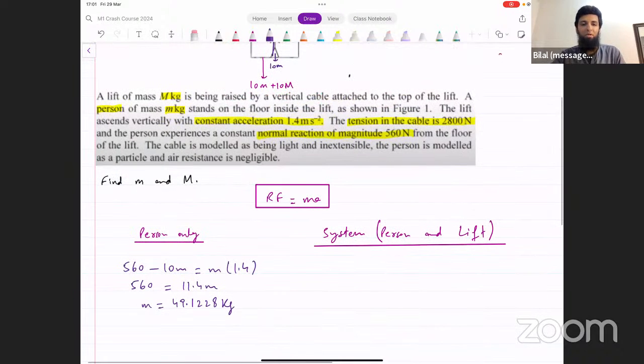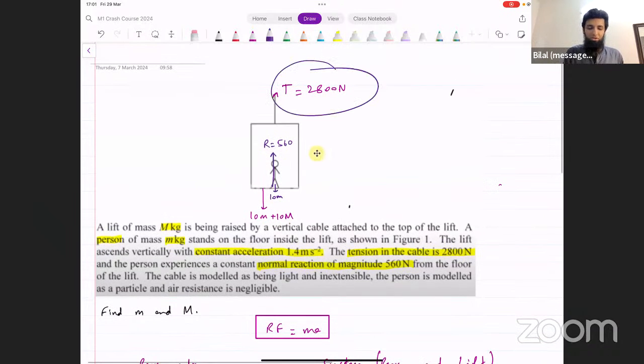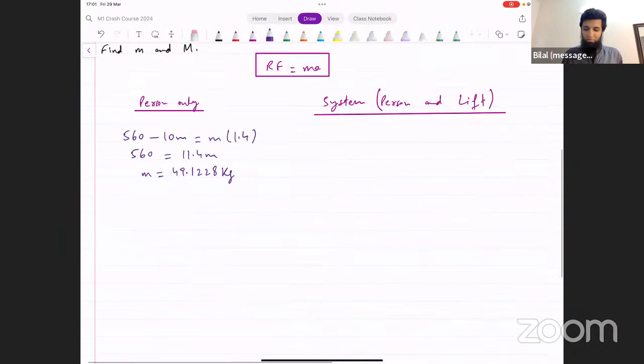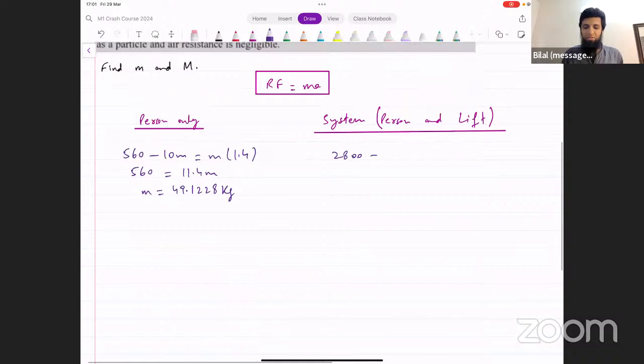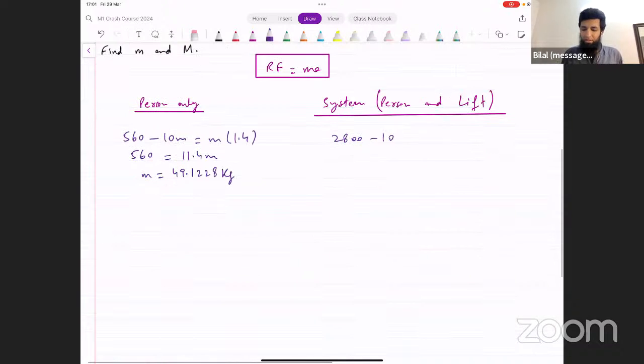Now you consider the whole system. If you consider the whole system, what are the forward forces? Tension, 2800 Newton. What's the backward force? These are the backward forces: 10m and 10M.